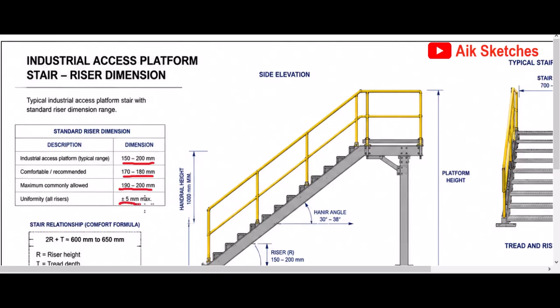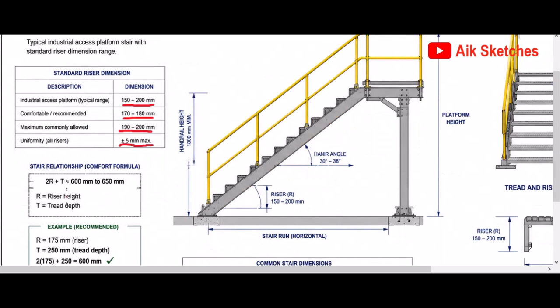So for uniformity of all the risers, it is plus or minus 5 millimeters max. This simply means that for the risers in a step, the highest riser minus the lowest riser of the access platform should not exceed 5 millimeters.